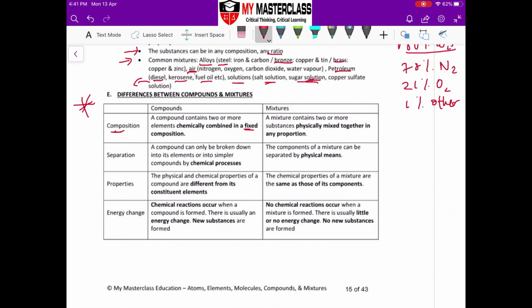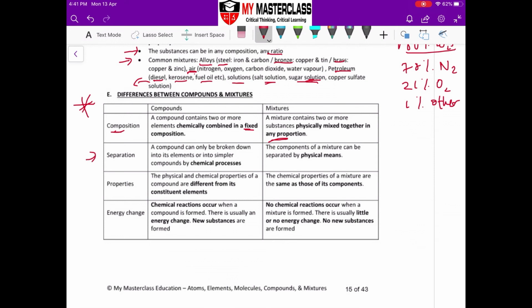For mixtures, they are mixed in any proportion. 50% hydrogen, 50% oxygen, it is a mixture of gases. 70% hydrogen, 20% oxygen, 10% hydrogen. This is any proportion.